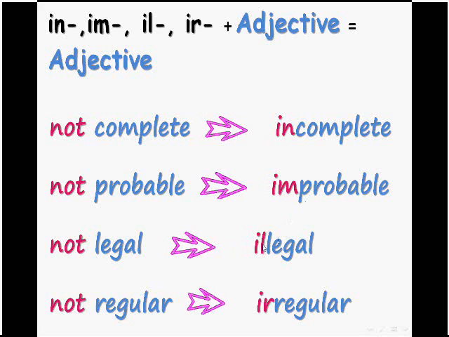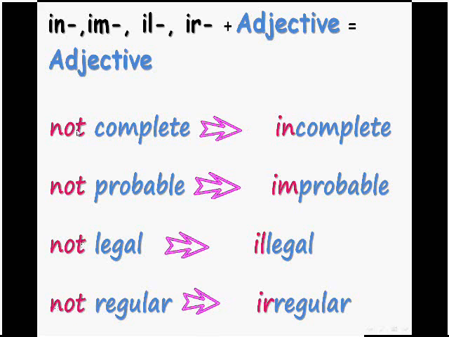Also, I use il before the word starting with the letter L, as you have here, illegal, again to facilitate pronunciation. Also, I use ir in front of the word that starts with the letter R, again for the same reasons, to facilitate pronunciation. So they all mean the same, which of course means not or negative. The negative of the adjective then gives me an adjective also.